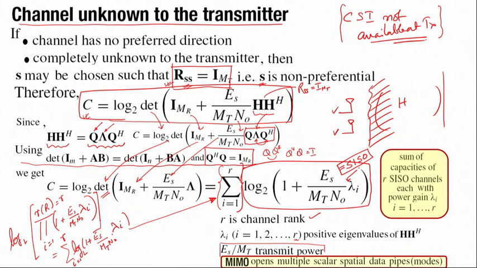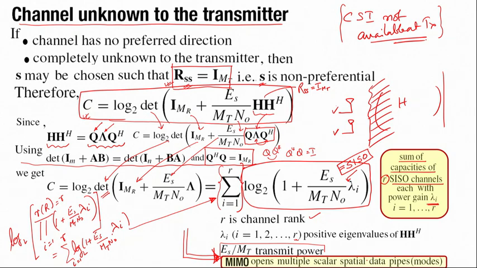So, that means we can say that in this case it is the sum of the capacities of R number of SISO links or SISO channels, each with a power gain of lambda i. That means the very important situation that we see is that MIMO opens up multiple scalar spatial data pipes or modes, and this is exploited in providing a high amount of spectral efficiency.